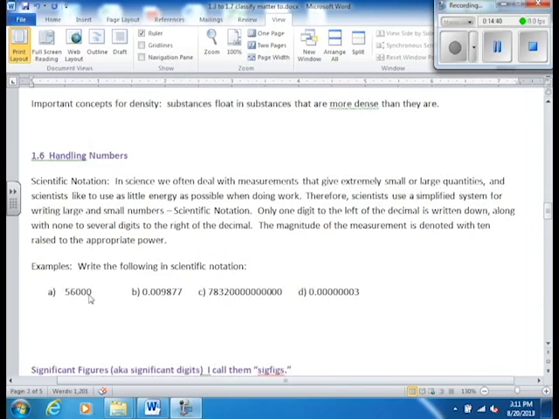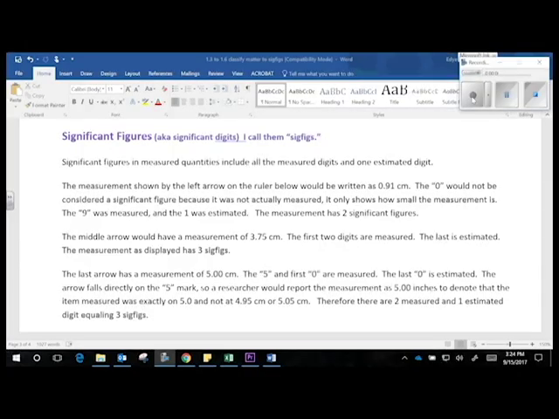So the decimal's here, and we go 1, 2, 3, 4 to the left. This would be 5.6 times 10 to the 4th. If you move the decimal left, the power on the 10, the exponent, is positive. If you have to move the decimal to the right, the power on the 10 is negative. So I'm going to pause this, and you're going to see the answers in just a moment. And there are your answers.